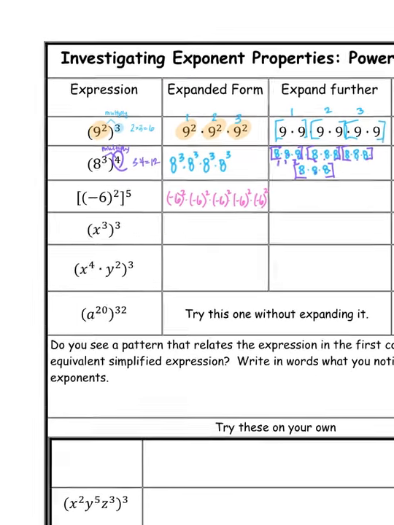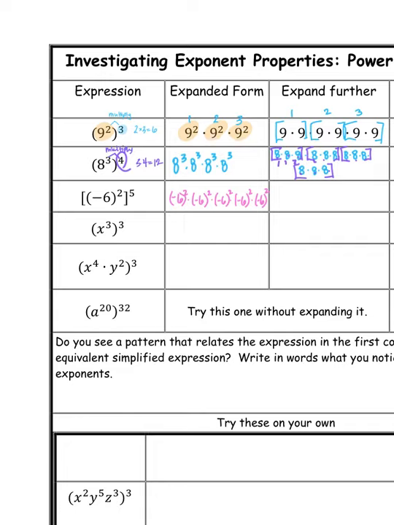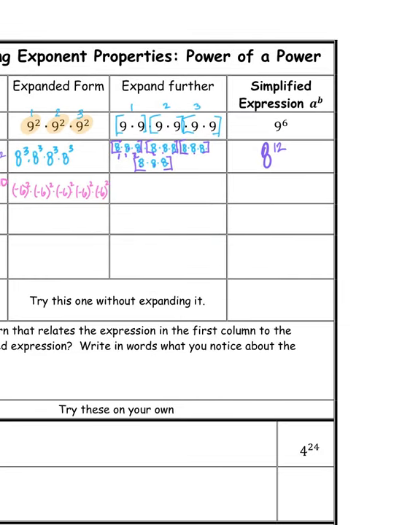Okay, so to expand that further, I would write negative 6 times negative 6 times negative 6, 10 times. So it's much easier to just multiply 2 times 5 equals 10, and then my final answer would be negative 6, and remember it needs to be in parentheses, to the 10th.